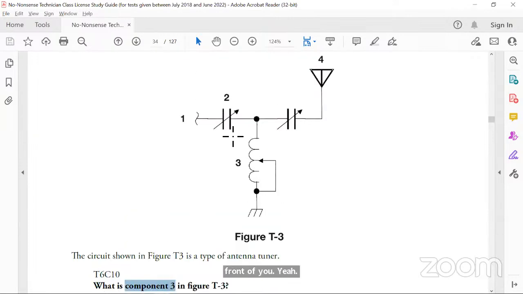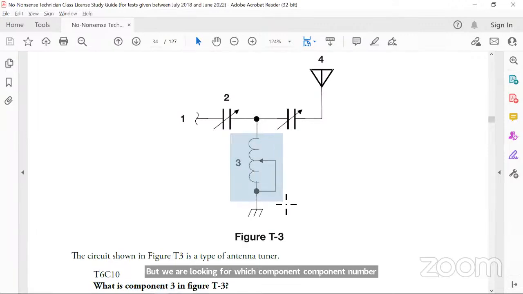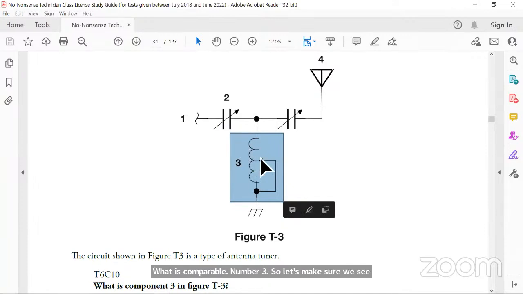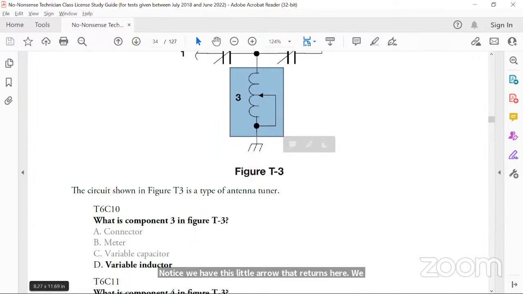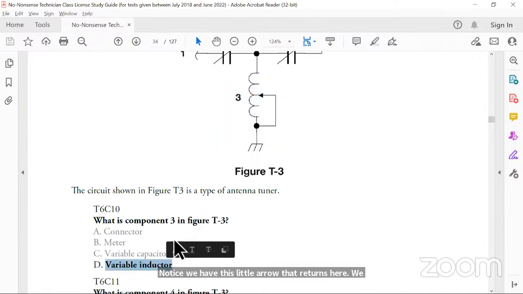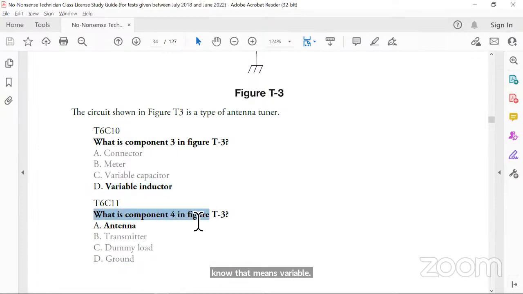What is component number 3? So let's make sure we see. This is component number 3. And we learned what this is. Yes, it's an inductor, but what type of inductor is it? Notice we have this little arrow. We know that means variable. So what is the correct answer? It's a variable inductor. Yes, very well done, folks.